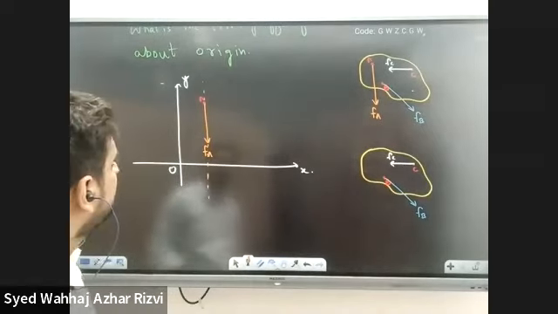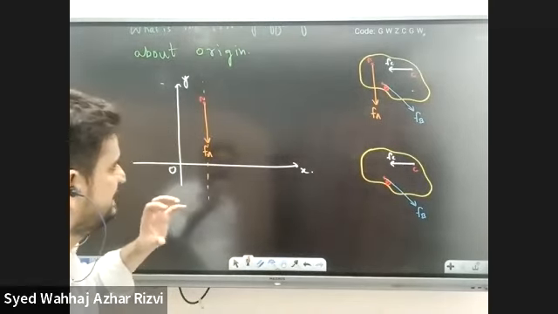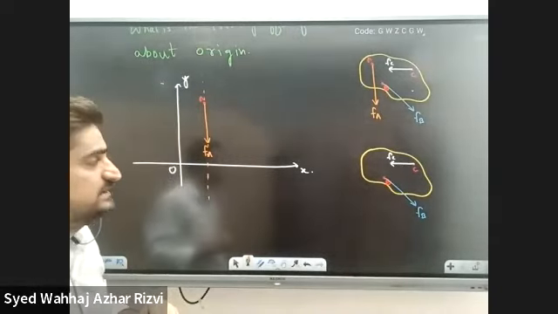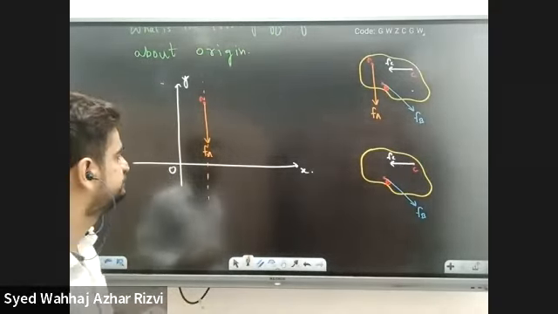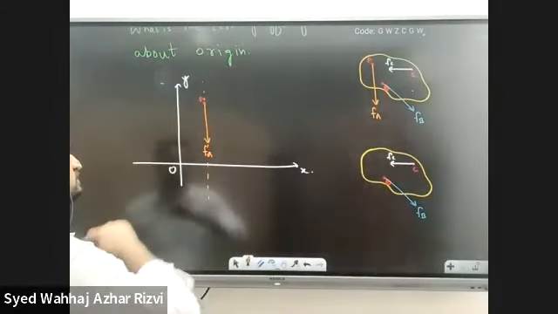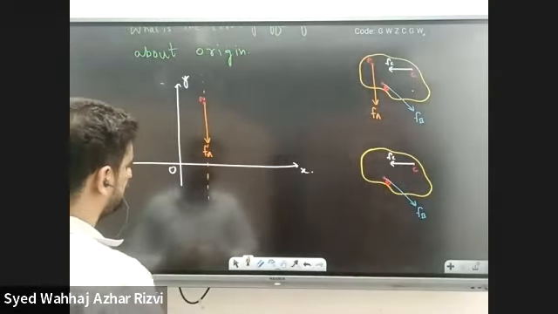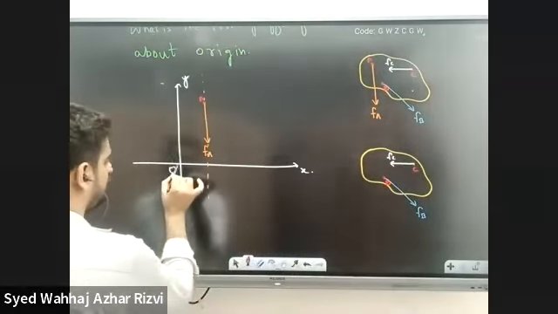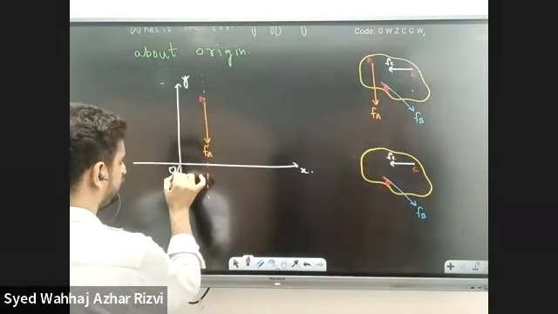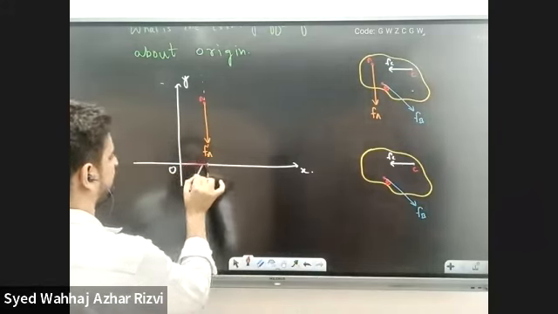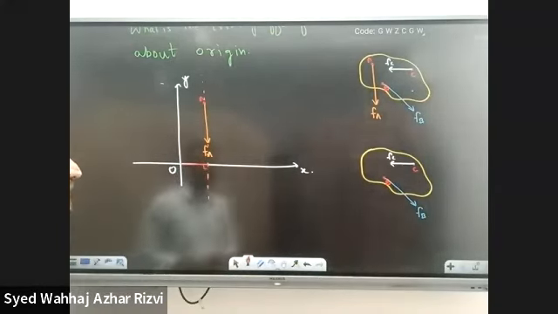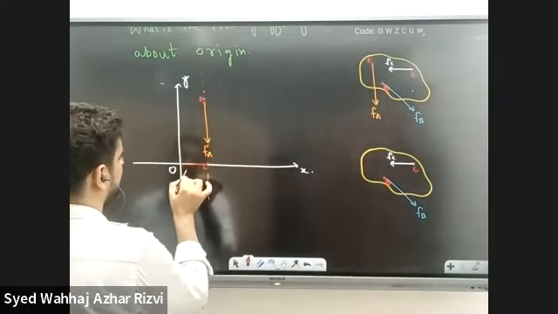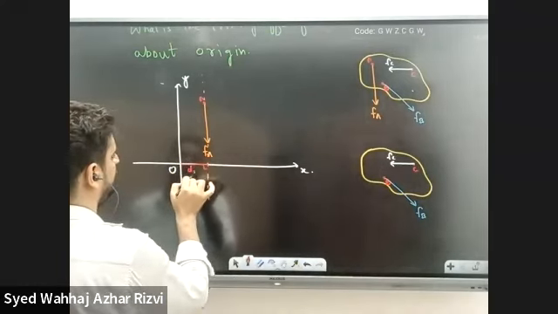Okay. Now we want to understand the turning effect of this force about the origin. So we draw a line from O perpendicular to the line of action, and let's call it D1.